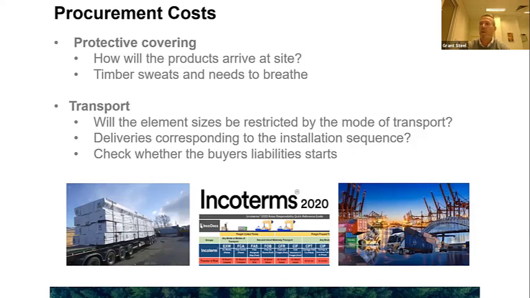Containers are 2.3 meters wide, as I said before. A very, very important one is to ask whether the actual deliveries are going to be in accordance with the installation sequence. I've got experience of deliveries which have maximized the efficiency of transportation, but have fallen out of sequence with the site.